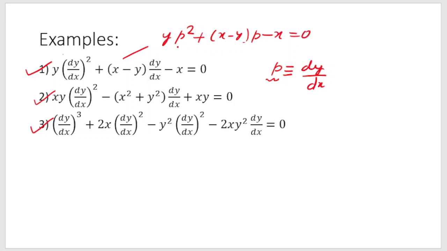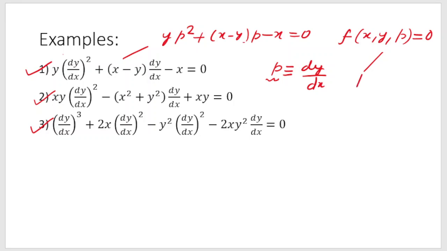Now it is an equation in which there are three variables. In general, I can consider that it contains three variables, that is x, y and p. So this is how in general it looks. So what is the process? The process is that you solve it for p. How do you solve it for p? Since it is an equation in which we have p squared, we can solve it to get two different values of p.